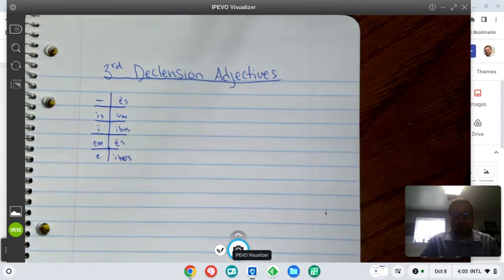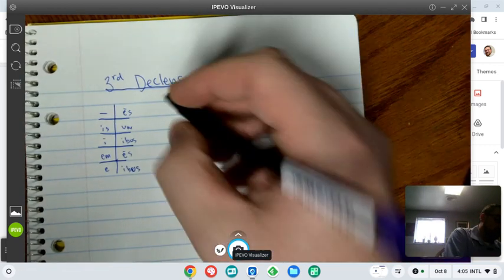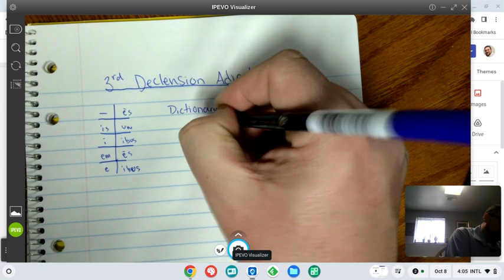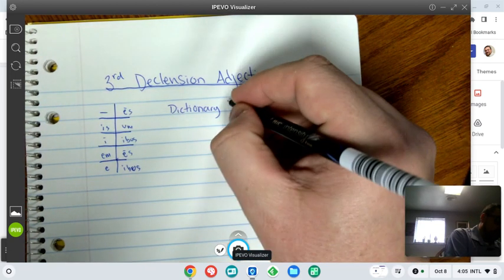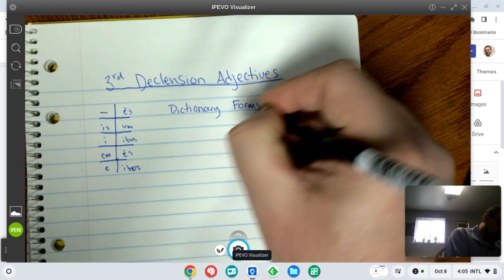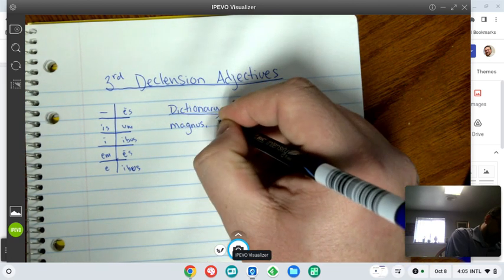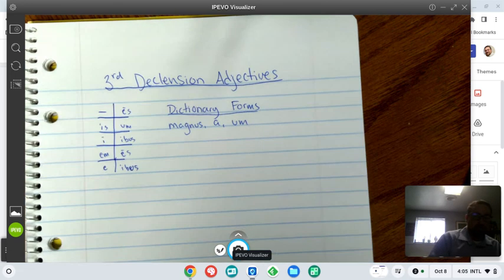We also learned from first and second declension adjectives that an adjective has to agree with the noun that it is describing in case, number, and gender. And so when we saw dictionary forms of first and second declension adjectives, they looked like this: magnus, magna, magnum. That makes sense, right?